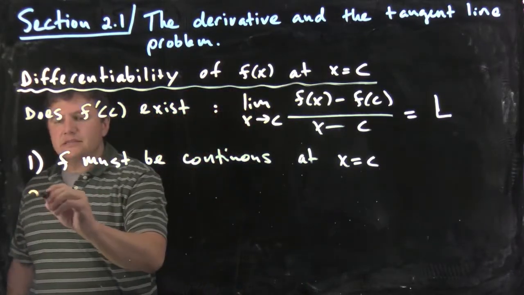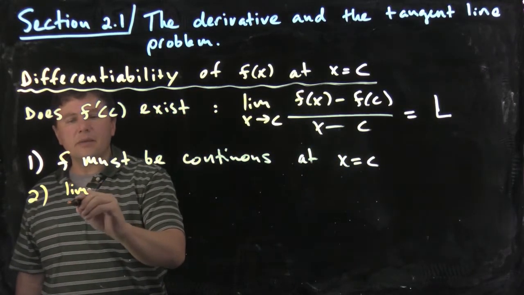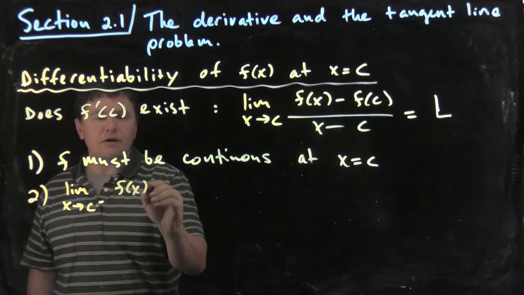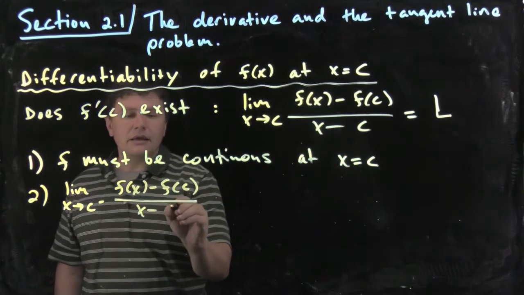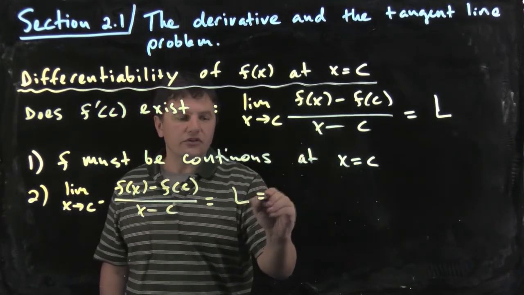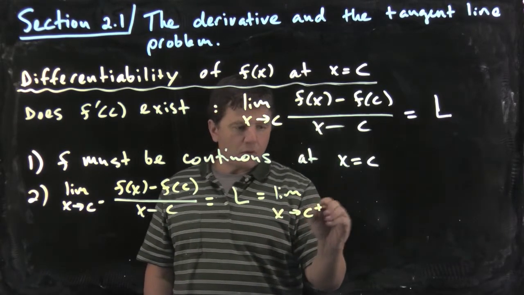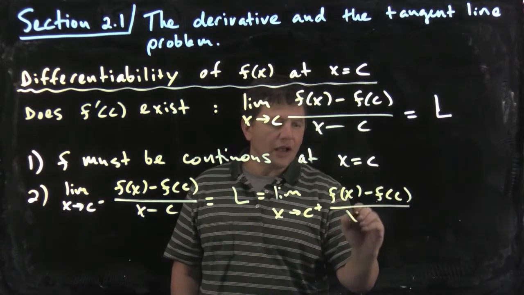The next thing is, of course, if this limit exists, that means the limit as x approaches c from the left of f of x minus f of c over x minus c has to equal L, which is equal to the limit as x approaches c from the right of f of x minus f of c over x minus c.